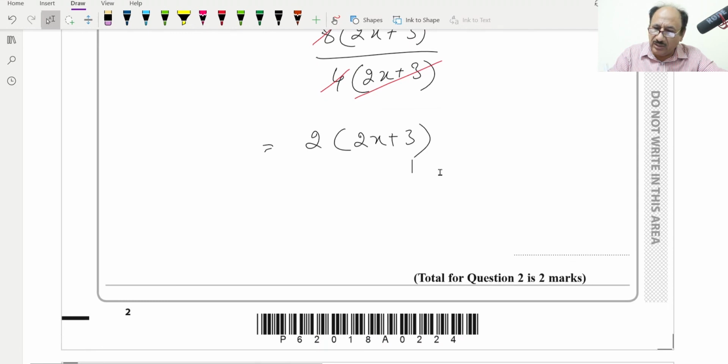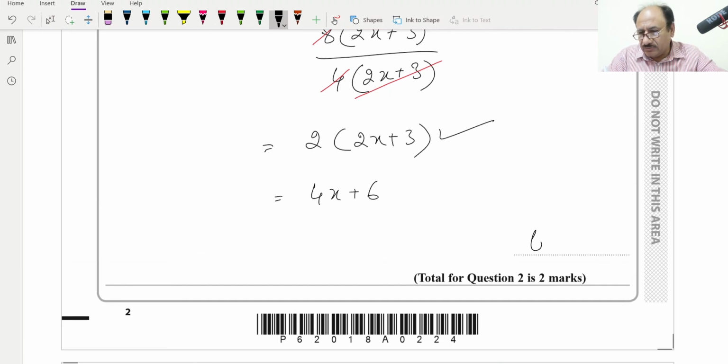This can be the answer, or we can multiply and write 4x plus 6 also. Both answers are correct, so I'm writing this one.